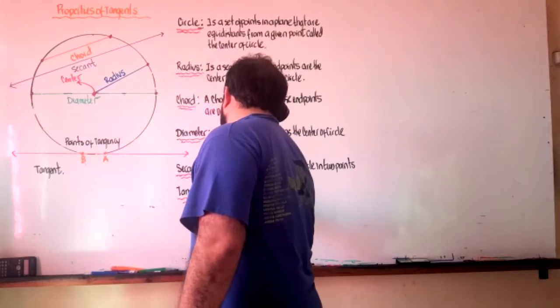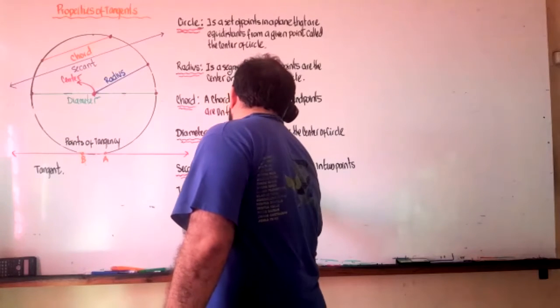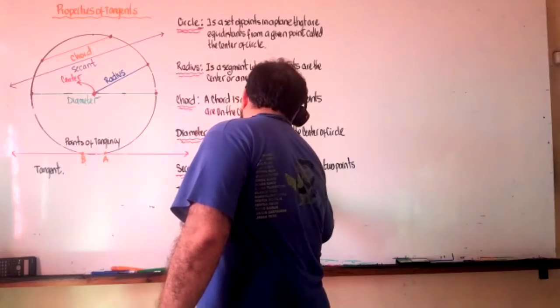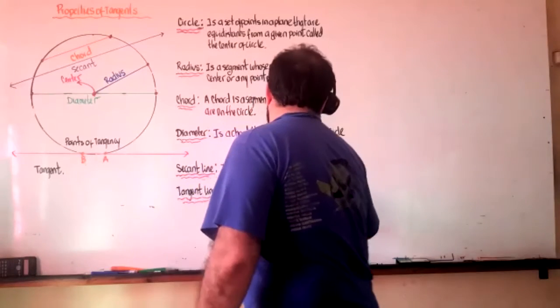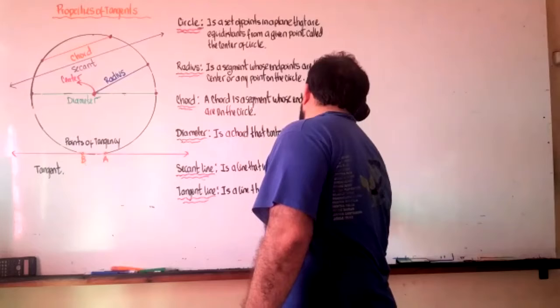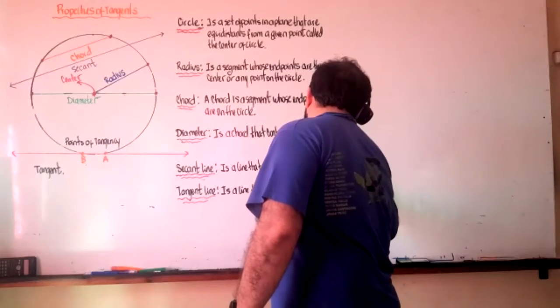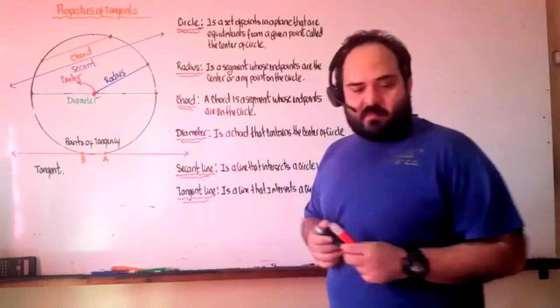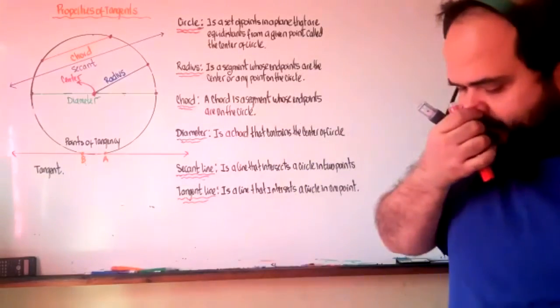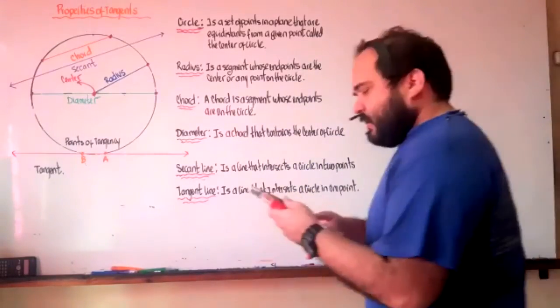It's a line that intersects a circle in 1 point. In 1 point. That will be the difference between one and another one.